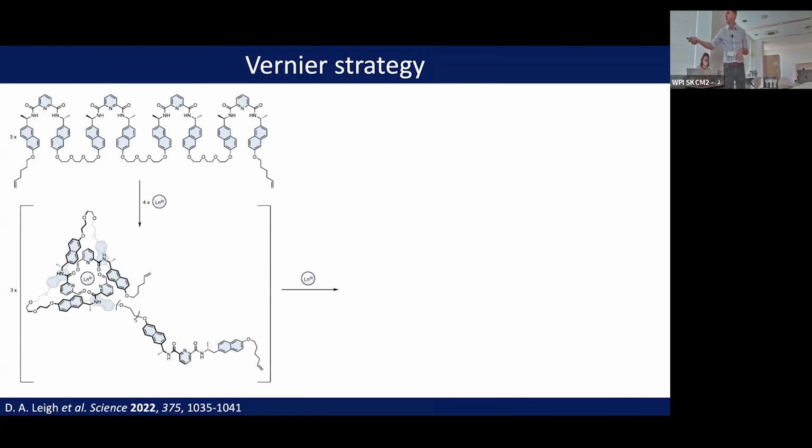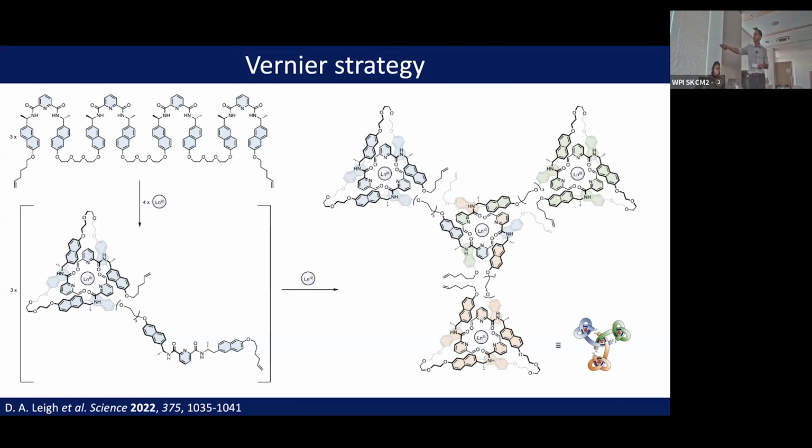And this means that if you add 3 threads for a number of 4 lanthanides, you will form 3 times this component. You still have 1 lanthanide left, and these lanthanides will just bring 3 of these components together. And then here you have double bonds that, just like before, can be closed to generate the closed structure. And now you obtain a composite knot, which is actually a mixture of 3 trefoil knots imbricated into one another. So quite remarkable how you can mix this helix strategy with other ideas to really build the complexity.